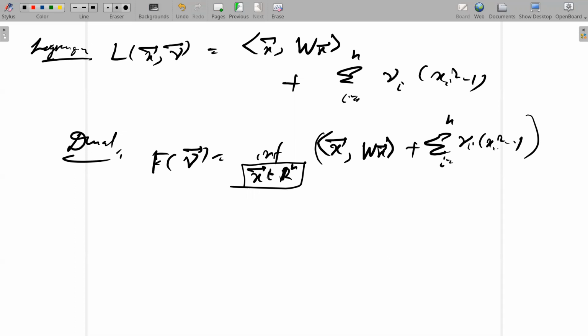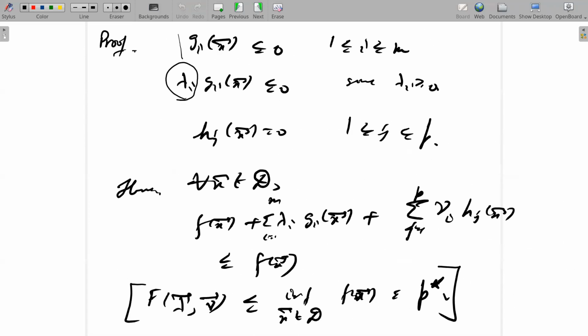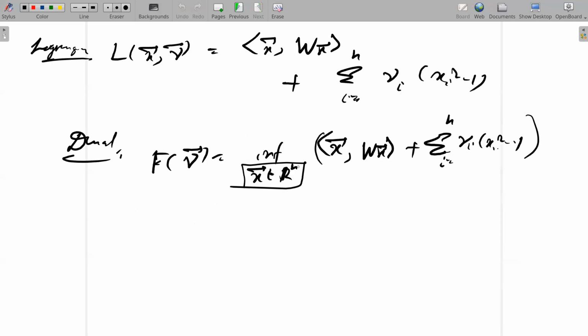Ideally, you should be thinking of taking it over the decision space or the feasible set, because as we saw in the proof of the weak duality, we are using those inequalities, like g_i(x) is less than or equal to 0 and so on. So if you're taking infimum on a bigger set, actually that should be fine, right? If you're taking infimum over a bigger set, then no worries. At least at those feasible points this equality holds. Okay, for the moment just bear with me and assume that I can take x to be in Rn.